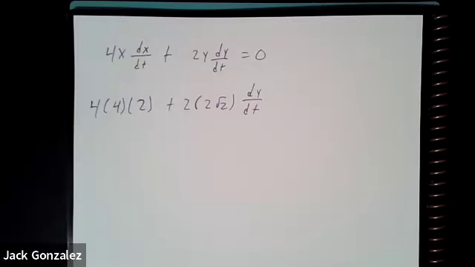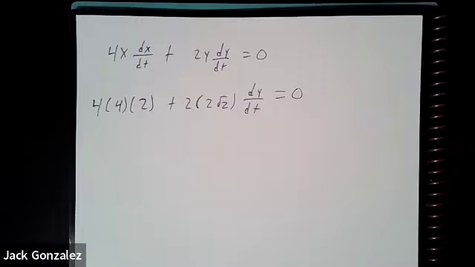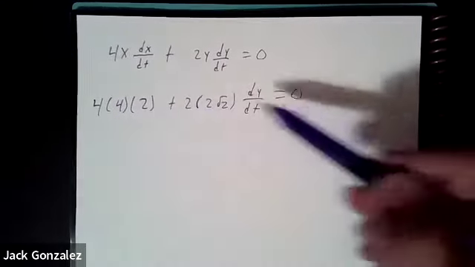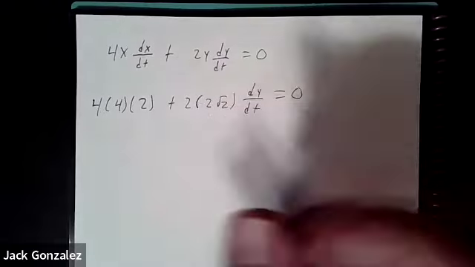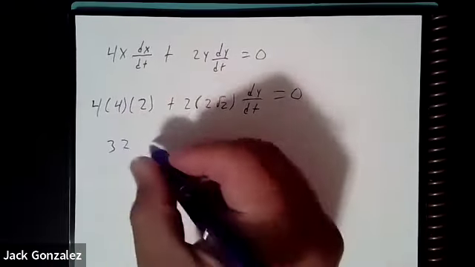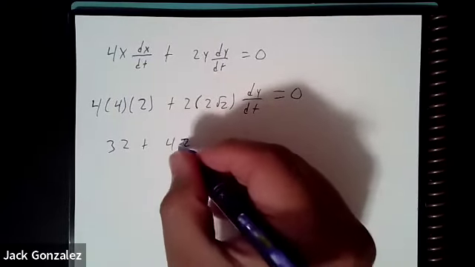All right. Since they're all numbers, it's not as bad. Just move this guy over here and then divide by this. So this will be 32 plus 4 root 2.